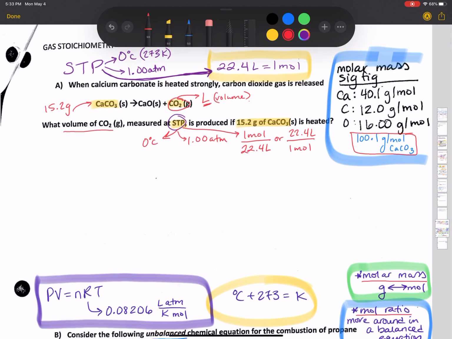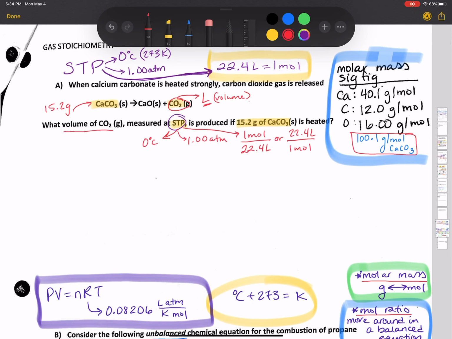I went ahead and told you it was going to be in liters. If you don't recognize that immediately looking at the question, that's okay. I'm going to show you how that works out today through this next series of steps. Normally I would tell you to take PV equals nRT and solve for V. But today I'm going to show you how to do this once you see the words STP given in the problem.